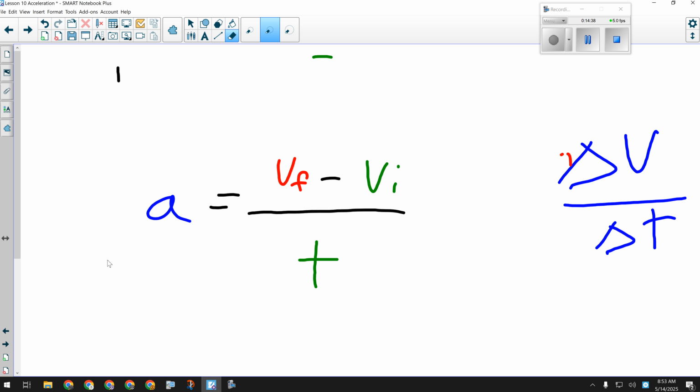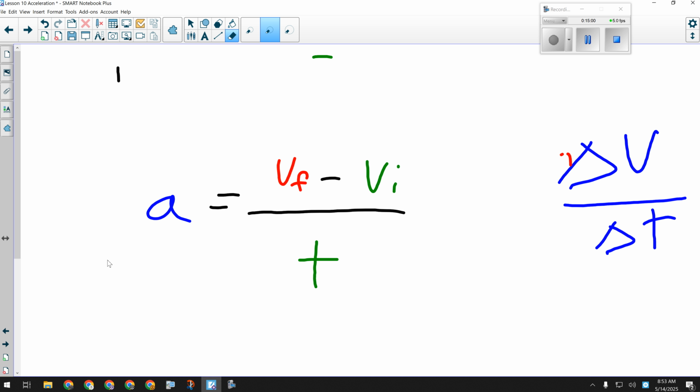Do you have to connect it with the A, like switch the A and the T? Yeah, I would absolutely switch the A and the T. I can't solve for T if I leave it on the right-hand side because it's on the bottom. I'd be solving for 1 over T if I isolated it. You always want to have something on the top by itself if you're going to solve for it.